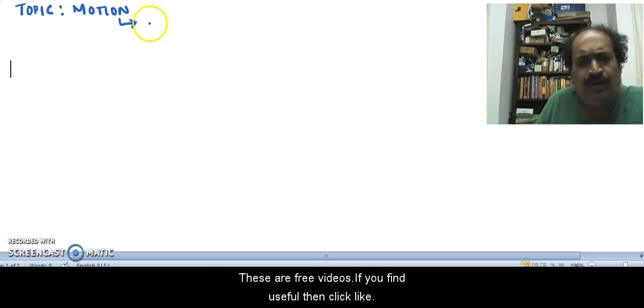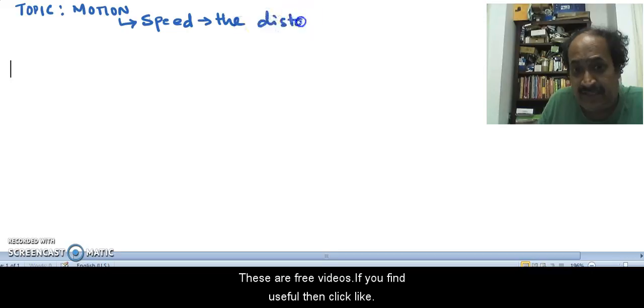Let us now go to the topic speed. How do we define speed? Speed is defined as the distance covered per unit time.